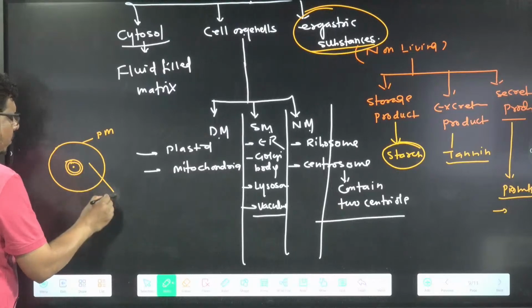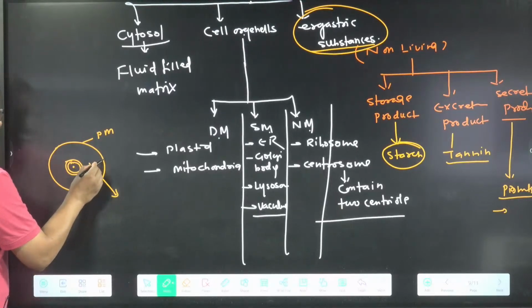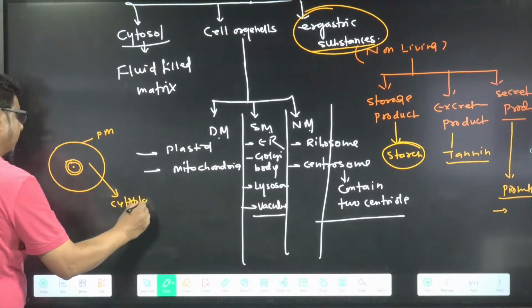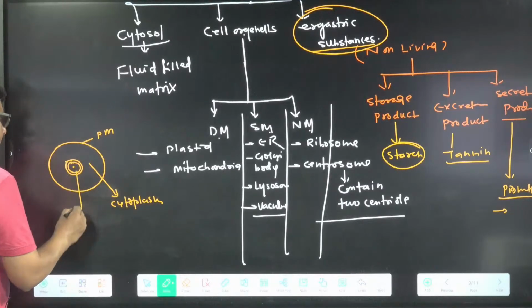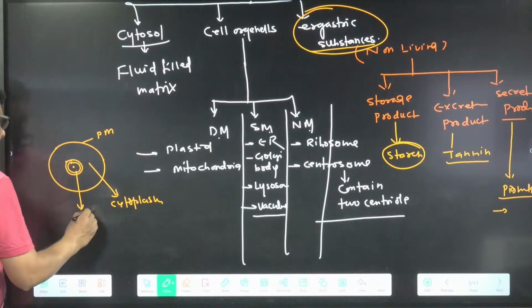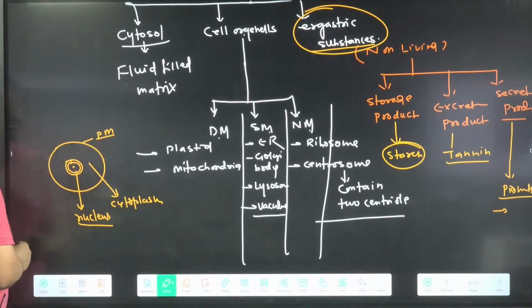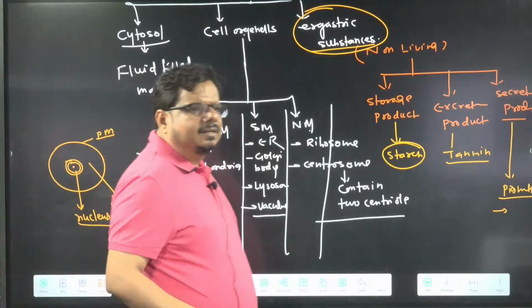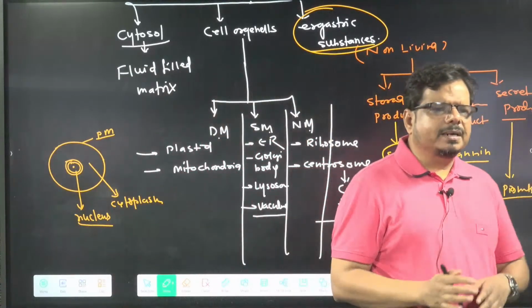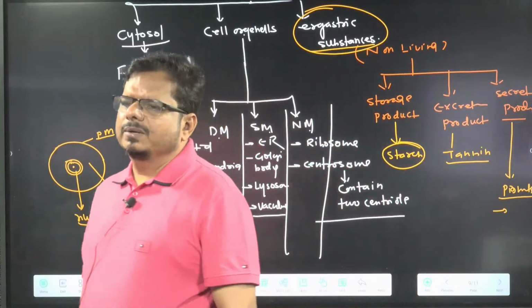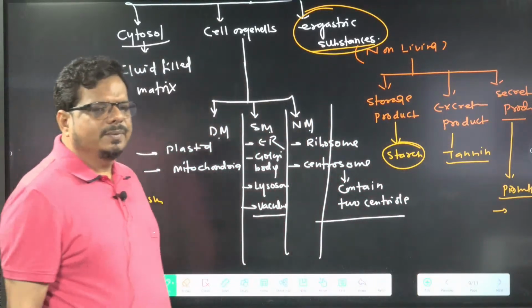In between the plasma membrane and nucleus, cytoplasm is there. Cytoplasm plus nucleus together is called protoplasm. When we add a plasma membrane to it, it is called protoplast. So did the basic aspects of the cell come to mind or not? Clear?